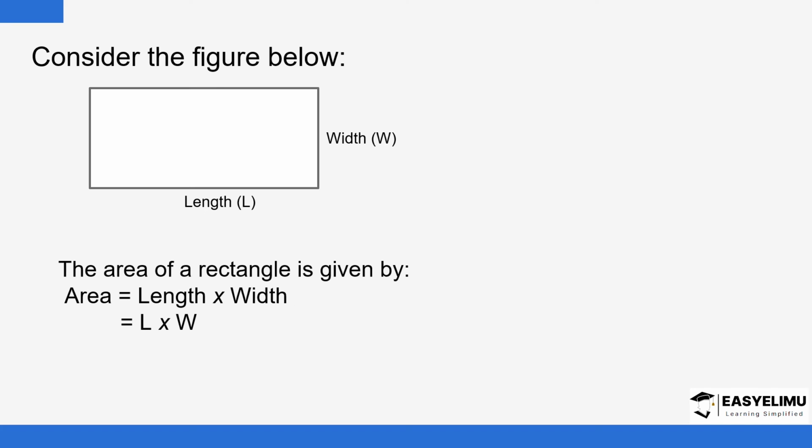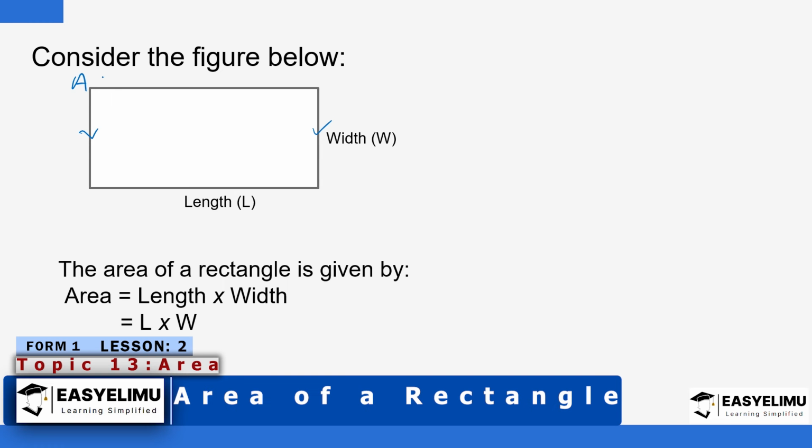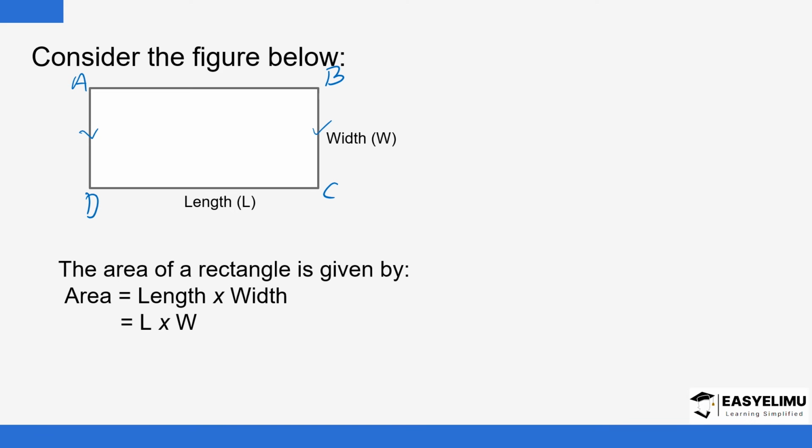Such a figure as displayed on the screen is what we call a rectangle. We have a few characteristics that will help you identify what a rectangle is. One of them is that the opposite sides are equal. If we label the corners A, B, C, and D, then we could talk of the line AB being opposite to CD, and they are equal in length.